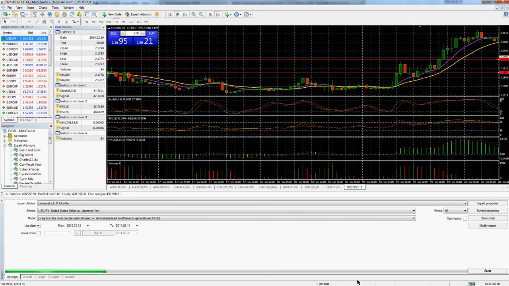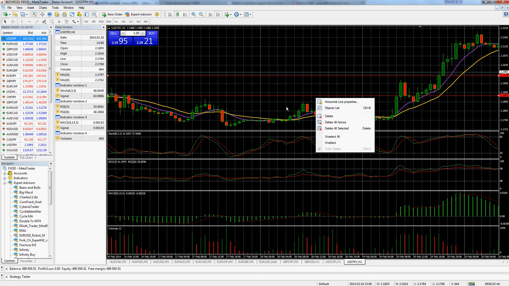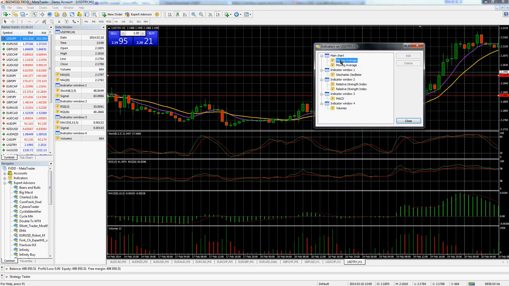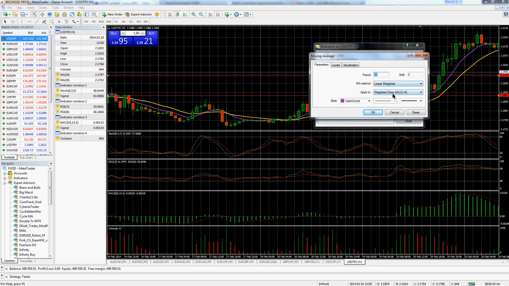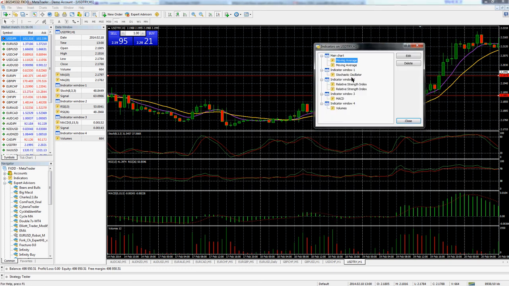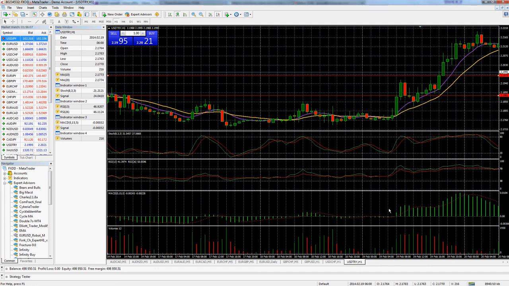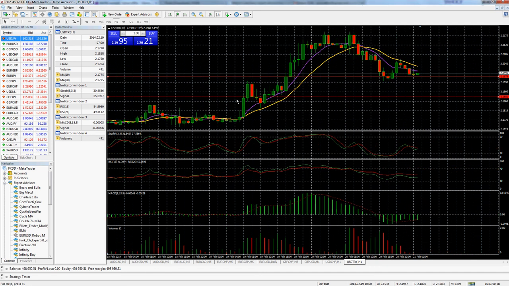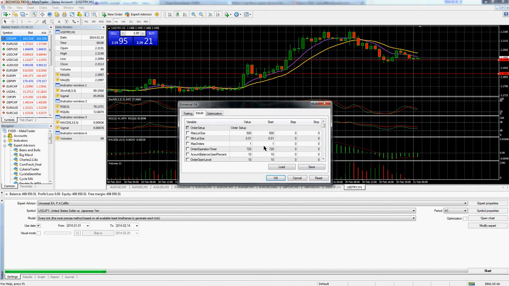All the indicators are matched in the use of linear weighted and weighted close. That's just for congruence, so they all match and are more evenly matched for entry points, just to give you a stronger entry into the market.